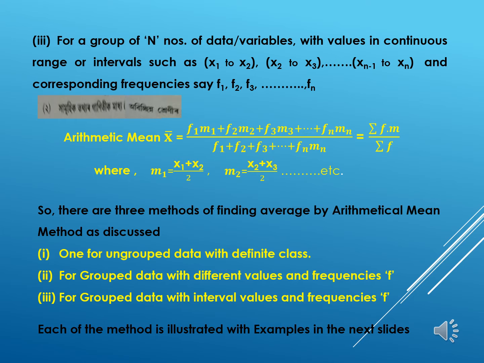For example, x1 to x2, second data x2 to x3, and similarly up to x(n-1) to xn, and having corresponding frequencies, say f1, f2, f3, fn, etc. In such a case, arithmetic mean x bar will be equal to f1 into m1 plus f2 into m2 plus f3 into m3 plus fn into mn divided by the summation of frequencies f1 plus f2 plus f3 plus fn, where m1 is the average value of the data series x1 to x2.